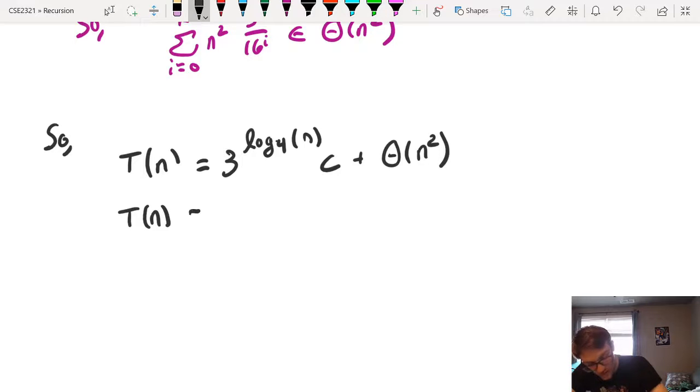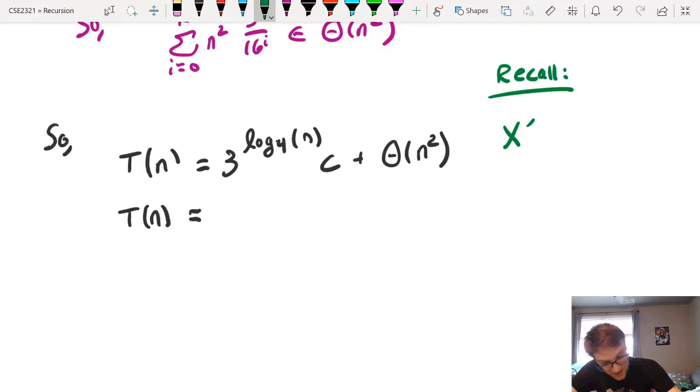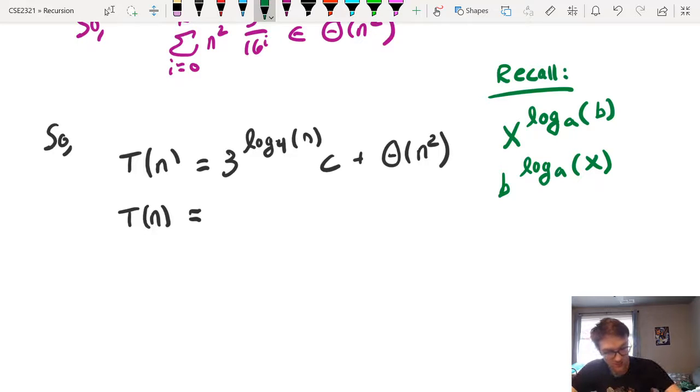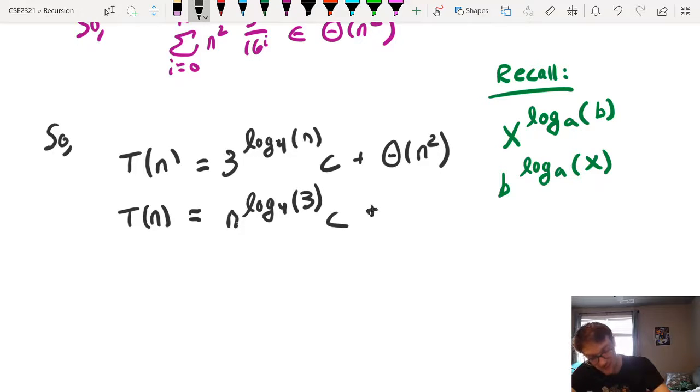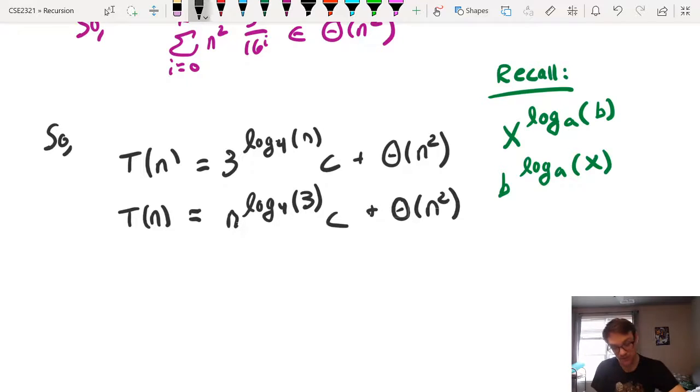If you recall, there's an algebraic trick that we mentioned earlier in the class, which was x to the log base a of b is equal to b to the log base a of x. We can swap the two things there. So this first term I can rewrite as n to the log base 4 of 3 times c plus theta of n squared. Now we need to determine which one is bigger, n to the log base 4 of 3 or theta of n squared.